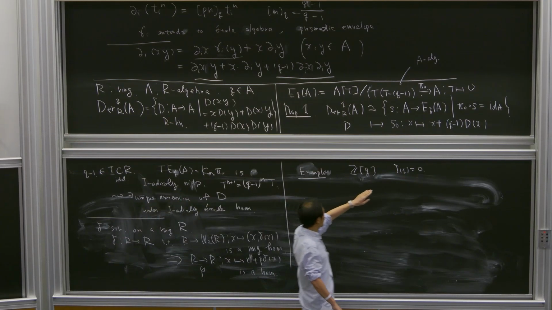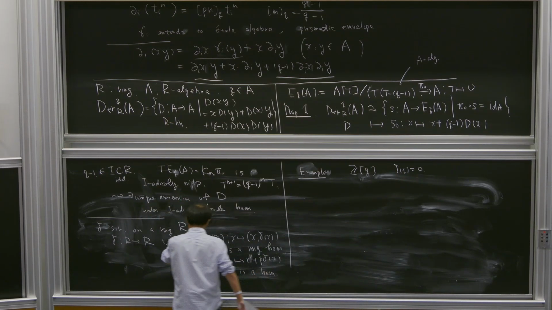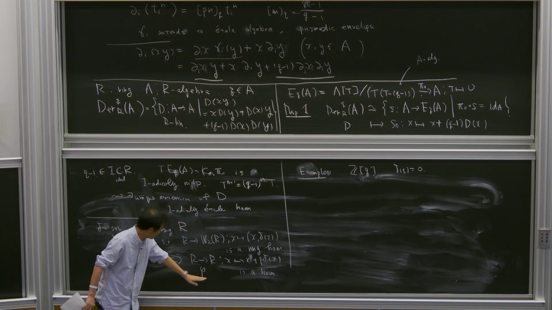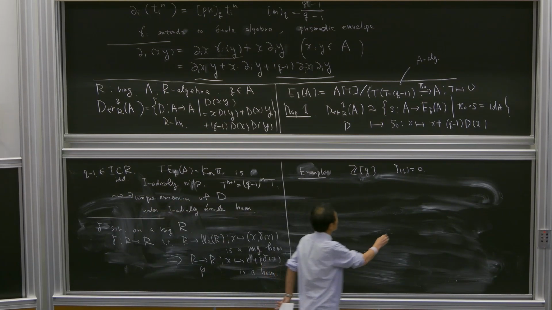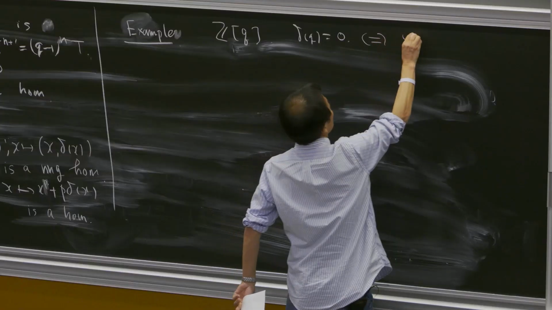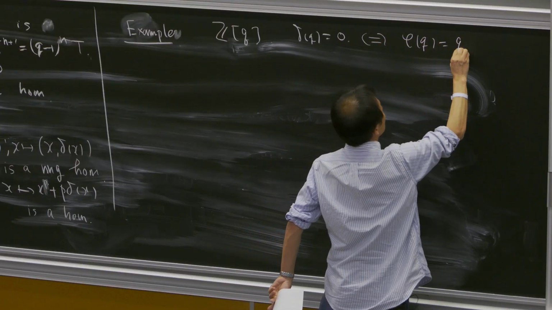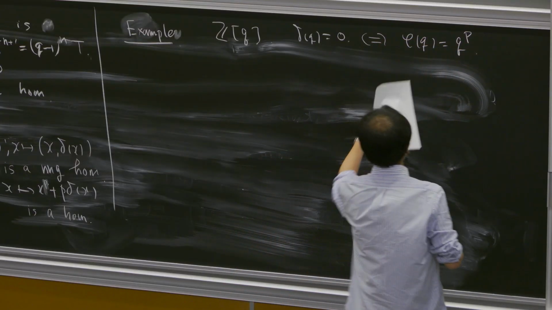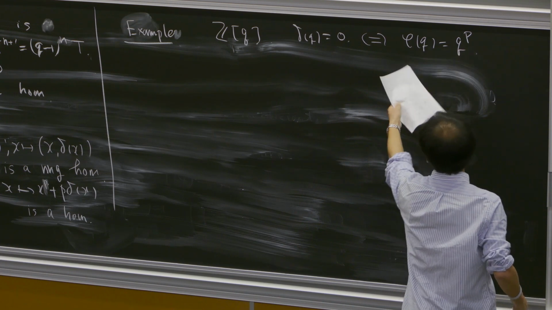If you consider the corresponding endomorphism, which I denote by phi, this means that phi(q) is q to the p power.